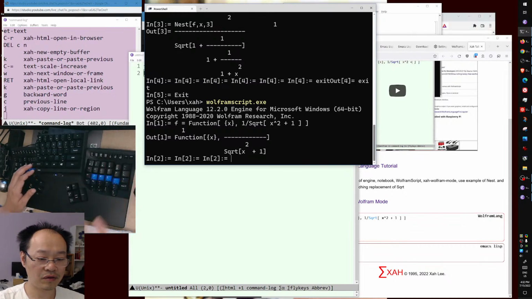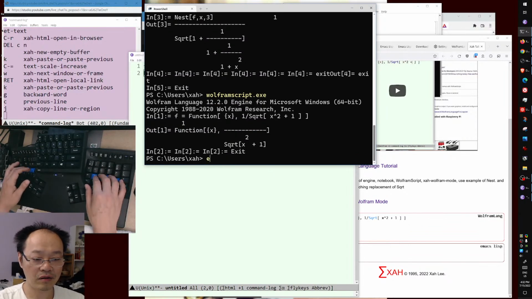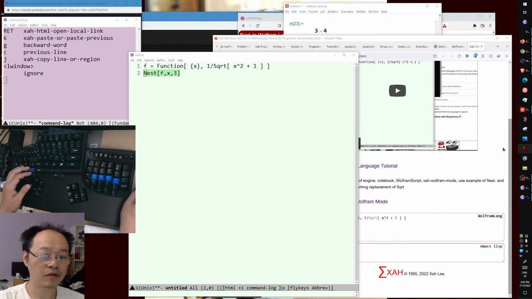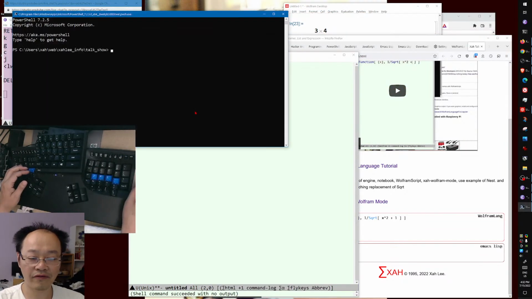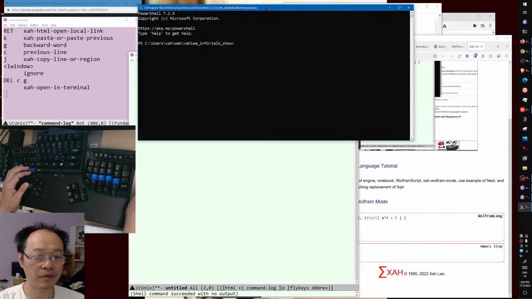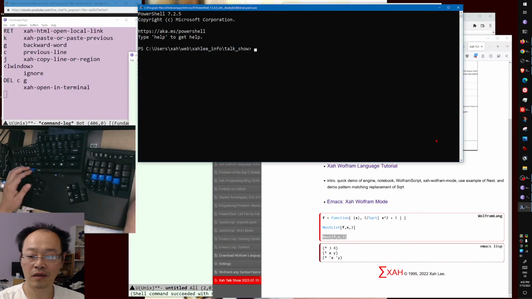It's still screwed up. Okay, let's start a new terminal. Now I wonder if the bug came from the Windows terminal or the PowerShell terminal.